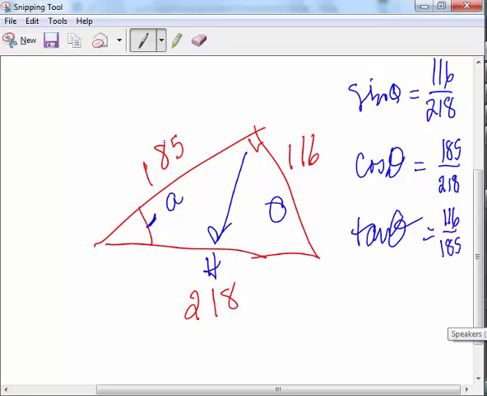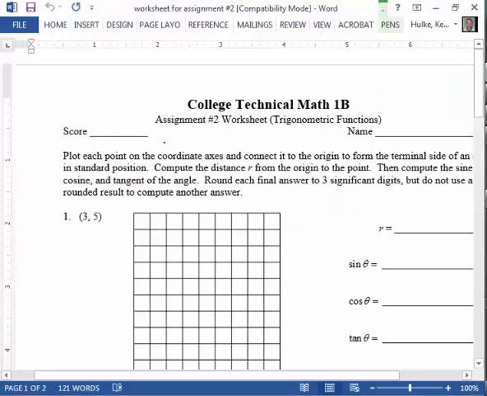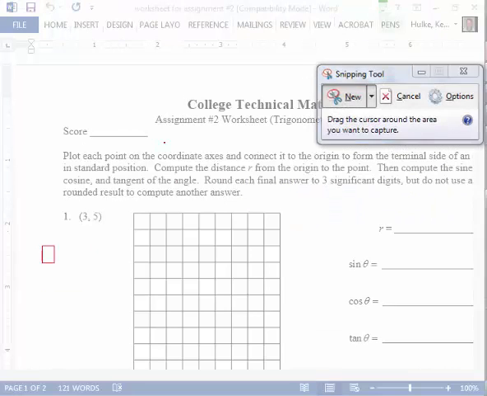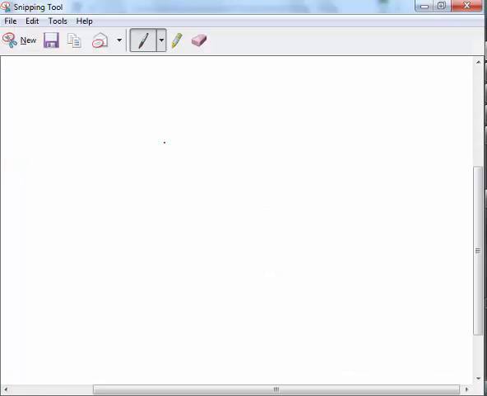Find the missing side in each triangle in figure 7.7 and then write the sine, cosine, and tangent of the angle, keeping 4 decimal places. Okay, so I'll just do, well, I guess I could do it, it doesn't matter to me.